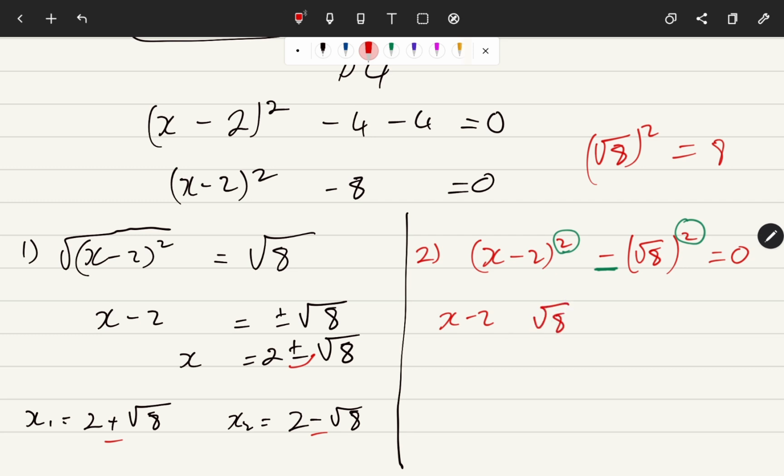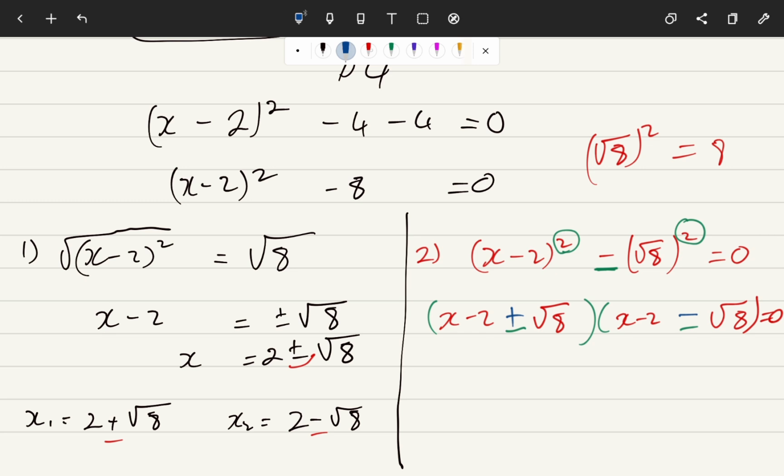I'm going to write our sign here, then another bracket: x minus 2 square root of 8 equals to 0. In terms of our signs, we know with difference of 2 squares, one is going to be a plus, the other one is going to be a minus. Other than that, everything is just the same. So you already have an equals to 0 that side.